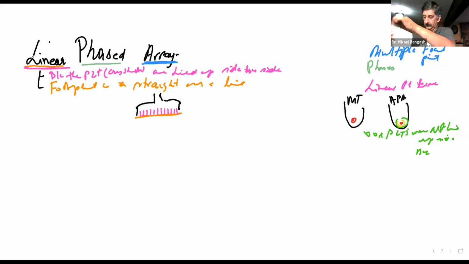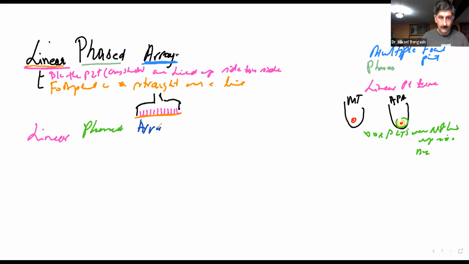Okay, ladies. Now, this transducer here we will refer to as the linear phased array transducer.